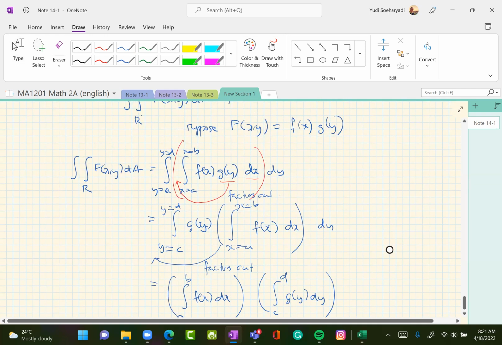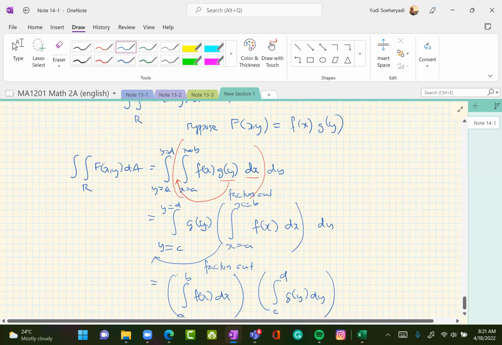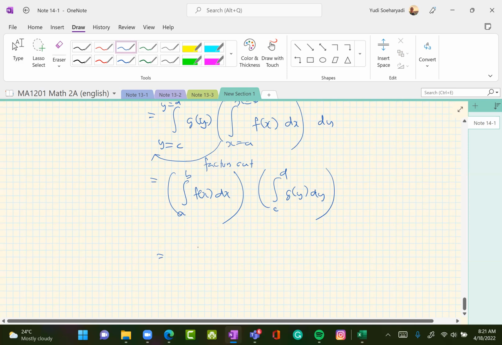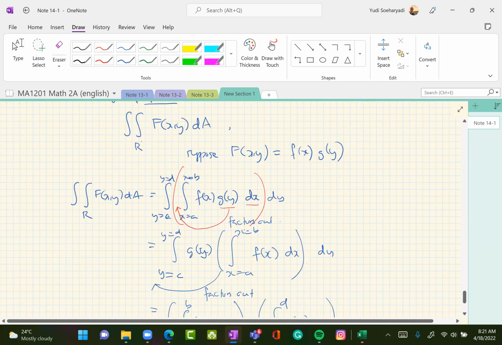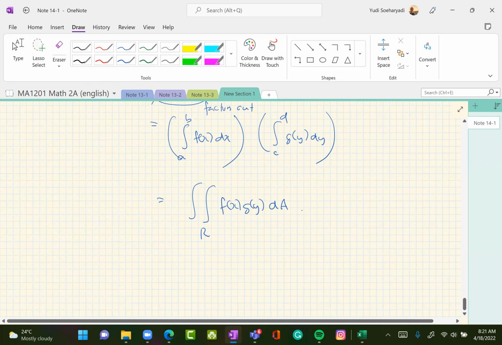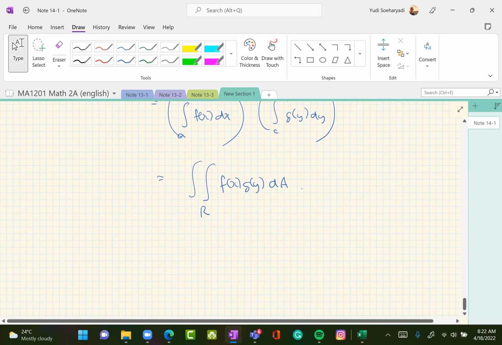So when you integrate a product, it's like a product of integrals of one variable. That's the nice thing about integrations over a rectangle. Let me rewrite this down as a formula.